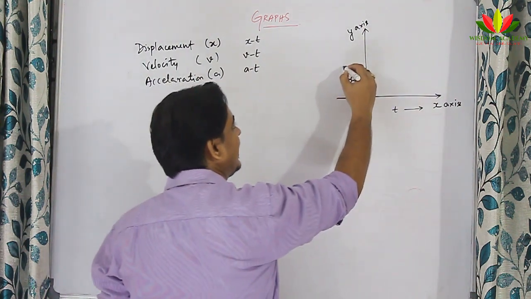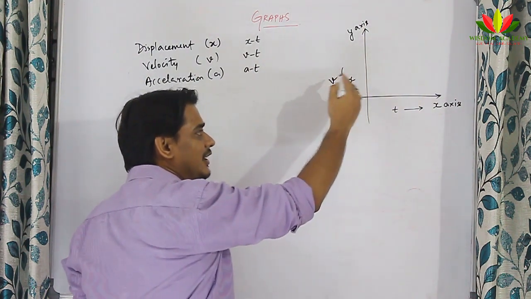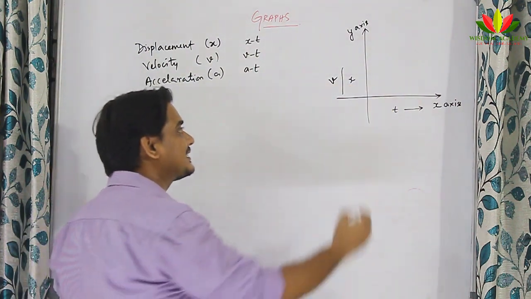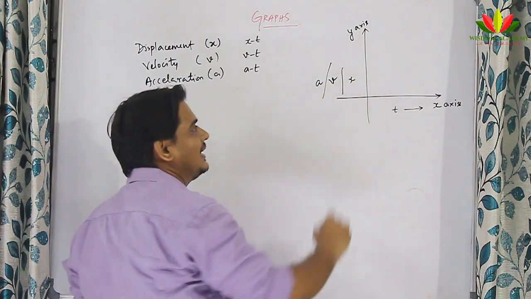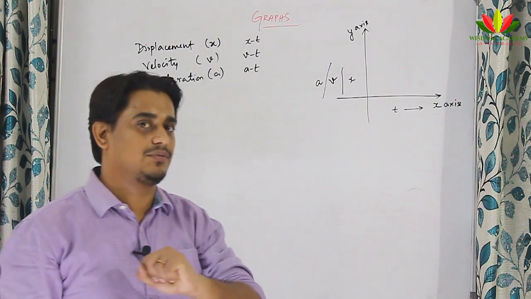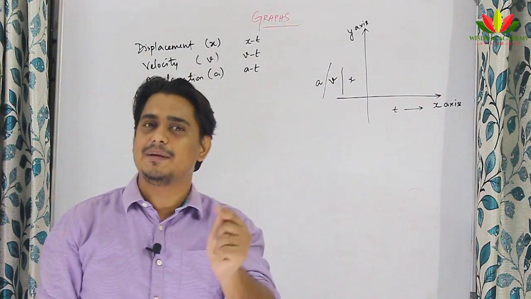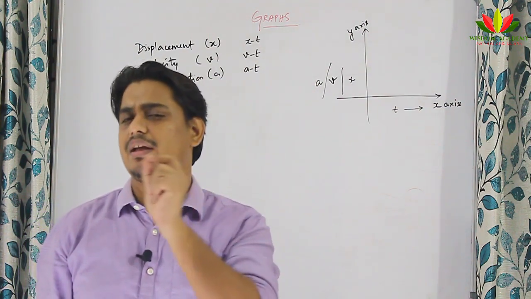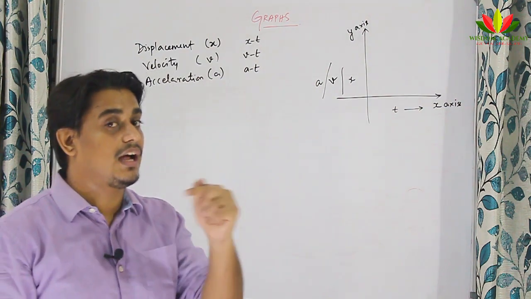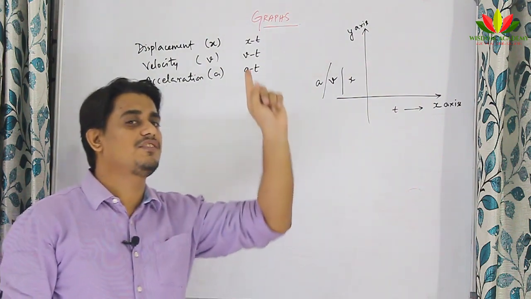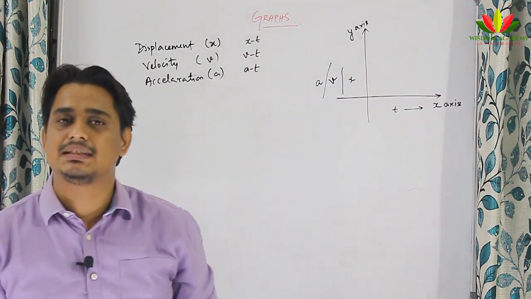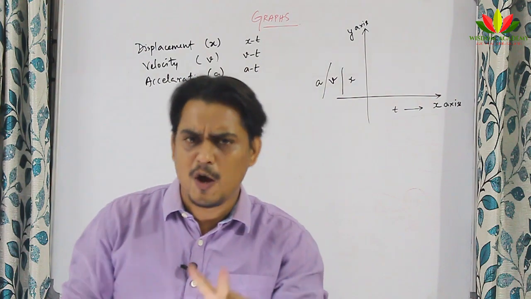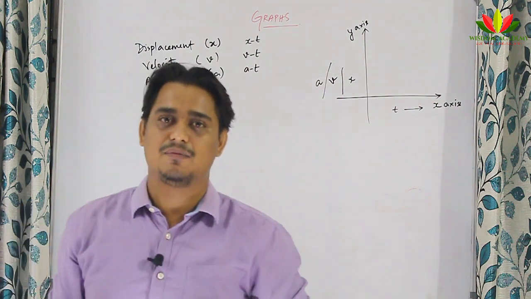If velocity lies on y-axis, it is called a velocity time graph. If acceleration lies on y-axis, it is called an acceleration time graph. So a graph drawn keeping time on the x-axis and velocity on the y-axis will be called a vt graph. Same way, a graph drawn keeping acceleration on the y-axis and time on the x-axis is called an at graph. I hope you understood what are xt, vt and at graphs.